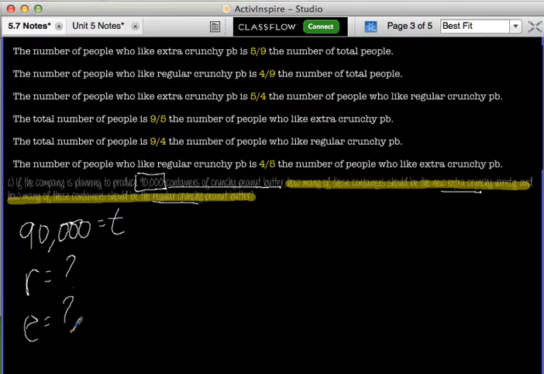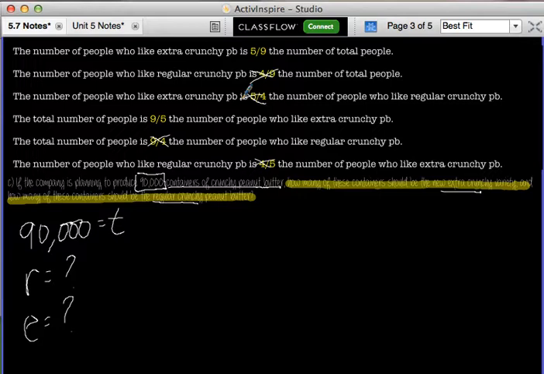I know the total, and since extra crunchy was given first, I'm going to try to find extra crunchy. So thinking logically, anything that doesn't have those two in it, the total or extra crunchy, doesn't need to be used. Anything that has the regular crunchy information in it is not helpful. So now you've eliminated all these options and you've given yourself two options because there are only two that have only extra crunchy and the total.